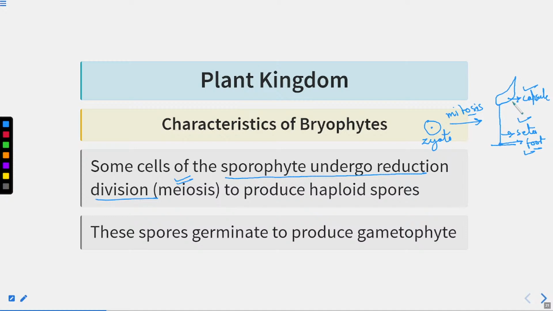Now, in the capsule region, there are some cells that undergo meiosis, and it produces haploid spores.